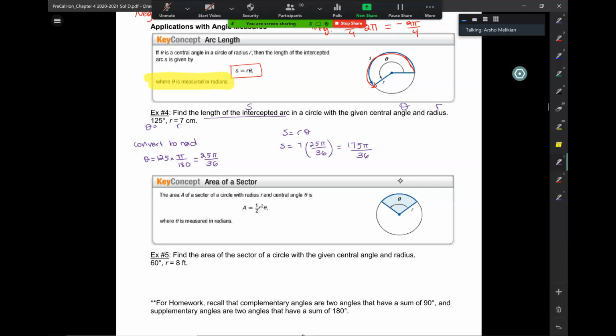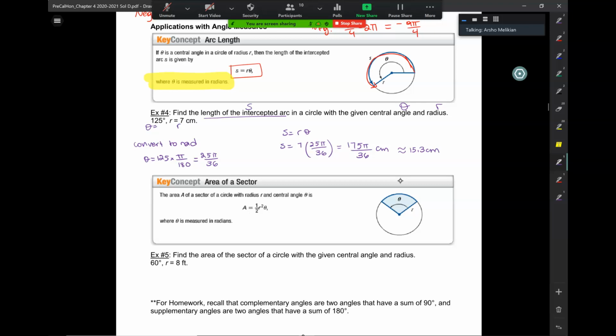And the units are centimeters. This is the exact answer, and it's perfectly acceptable. And then if you have a calculator, you can put it in your calculator, and you can round it to 15.3 centimeters. And those squiggly equal signs mean approximately.